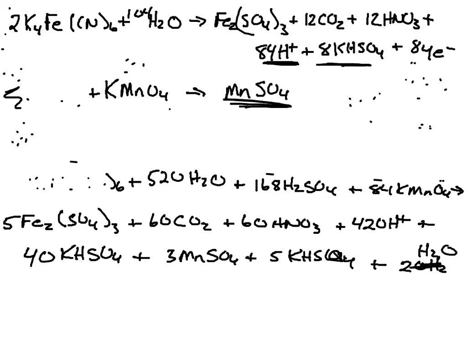Now, I think we got a couple of common factors on either side of the equation. And the arrow's right here, right? And so I've got 520 waters here, and what did I say, 20 waters here? So that's going to be 500. This number just becomes 500 waters.